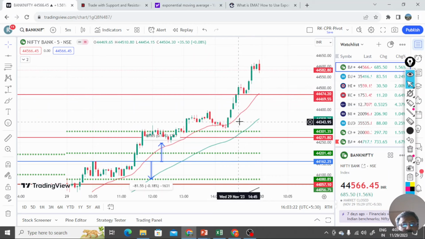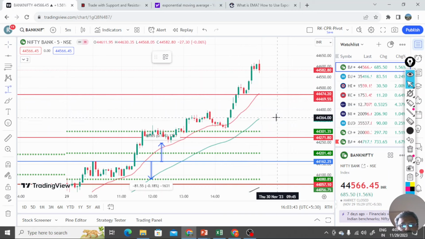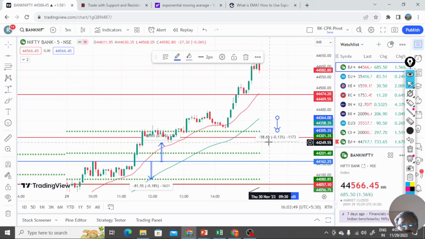So even if you keep a risk reward ratio of 1:2, one part of risk and two times of reward, if you've taken 40 points risk, 80 points could have been the profit. Say for example here, if I had taken about this, my stop loss could have been below this, which is 60 points in the Bank Nifty chart.